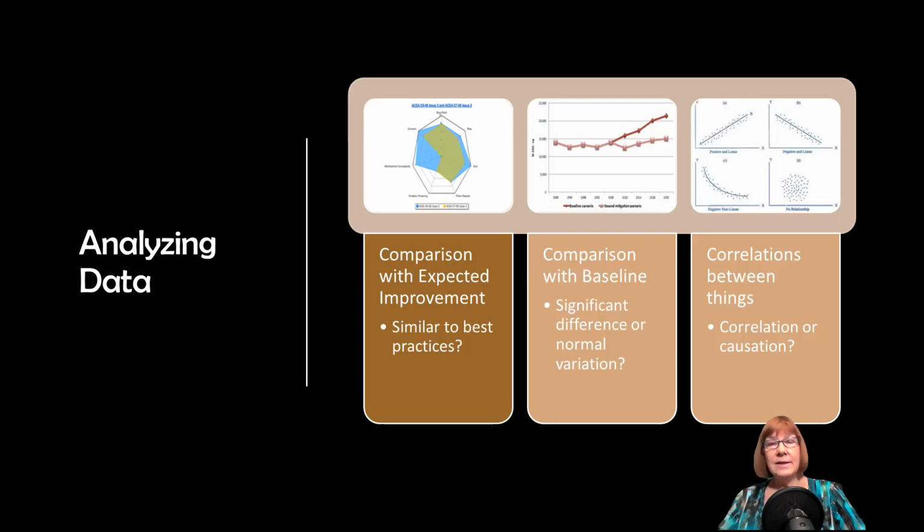And then you need to ask yourself, are you trying to see if there's a correlation between two different things? And you always want to ask yourself, is it correlation or is it causation? Just because two figures are correlated does not mean that one is causing the other.